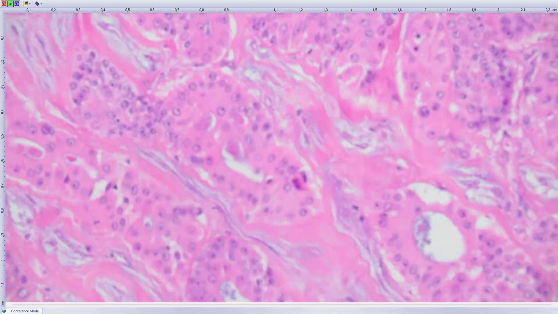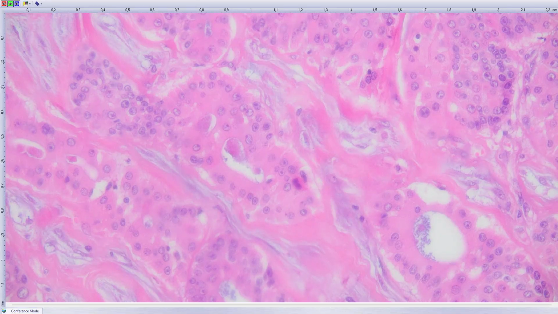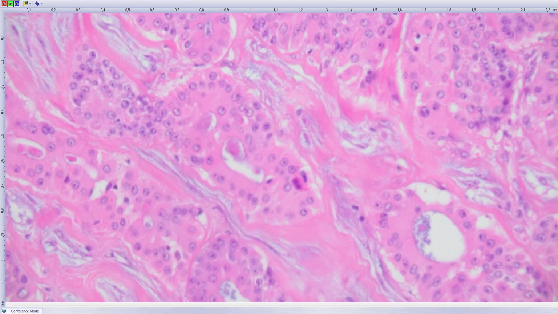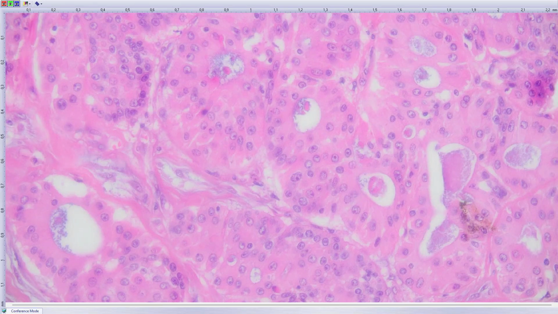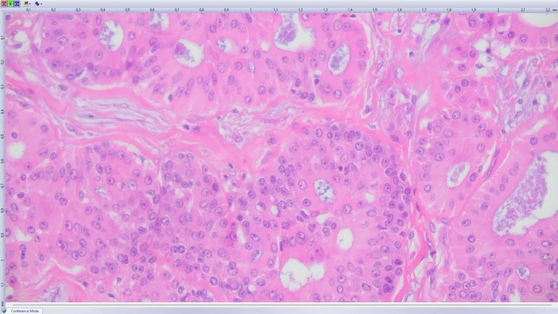HER2 is negative, but there is already something positive, and that's MAML2. So FISH for MAML2 was positive, and we performed next generation sequencing, and this is an oncocytic, unusual type of mucoepidermoid carcinoma, CRTC1-MAML2 positive.